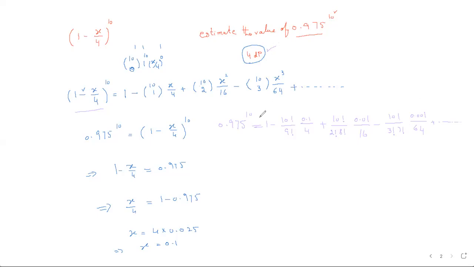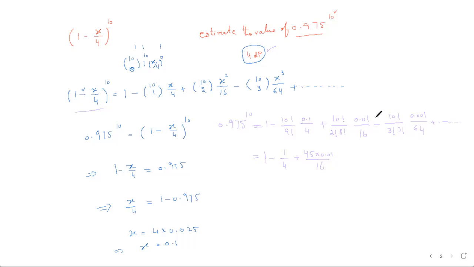Now you can solve it and find the number. So this is 1 minus 10 factorial divided by 9 factorial, the answer is 10. So 10 times 0.1 over 4, the answer is 1 over 4, isn't it? So plus, this will be 9 times 10 divided by 2, 9 times 5, which is 45, times 0.01 divided by 16.